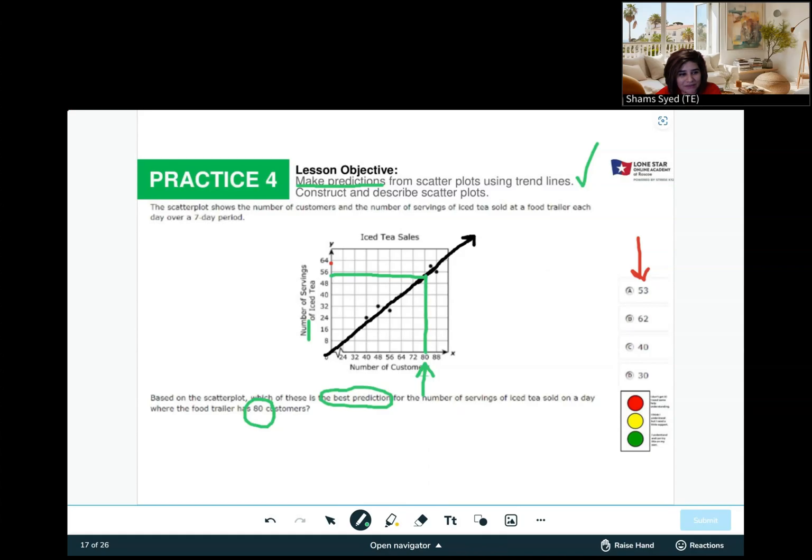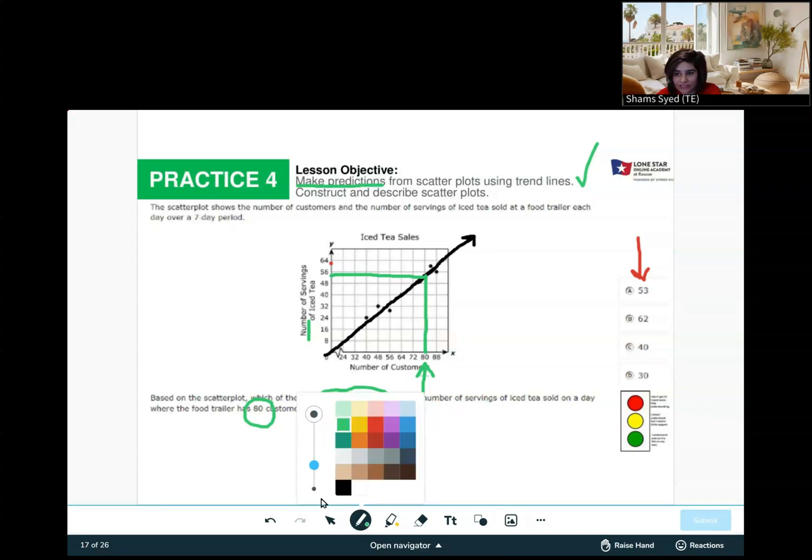Brianna, Kyler, when you go to 80 and go straight up, it kind of connects between 48 and 56. Is that what you noticed? What do you wonder?